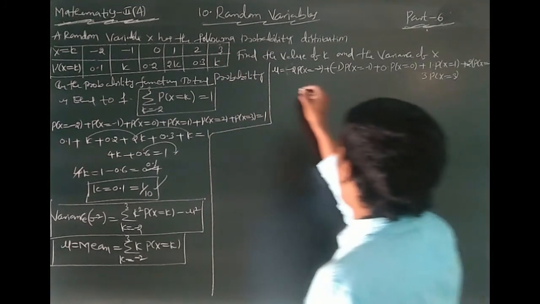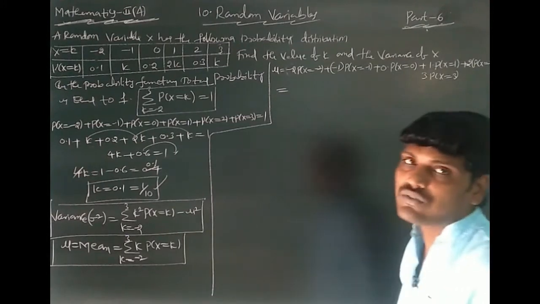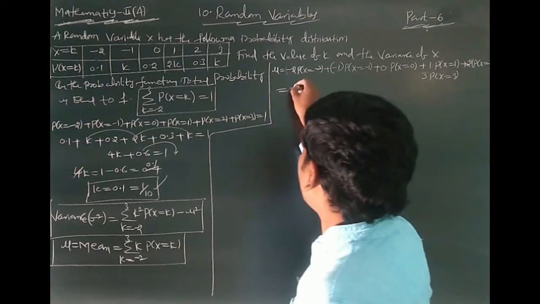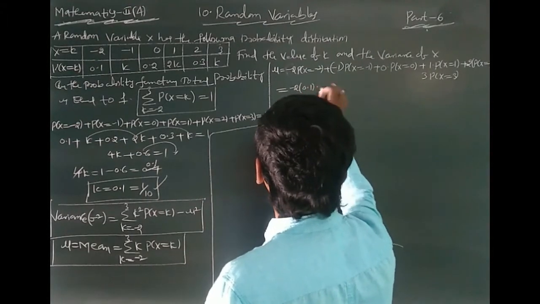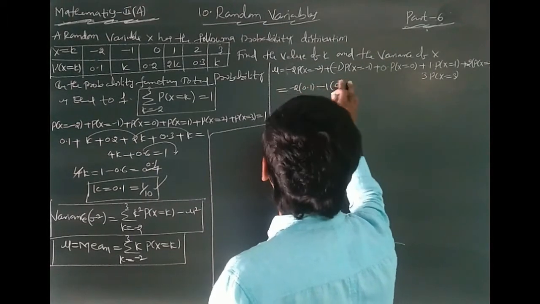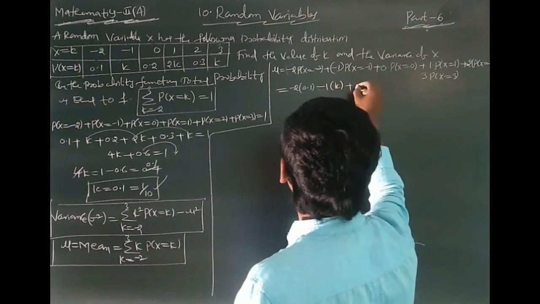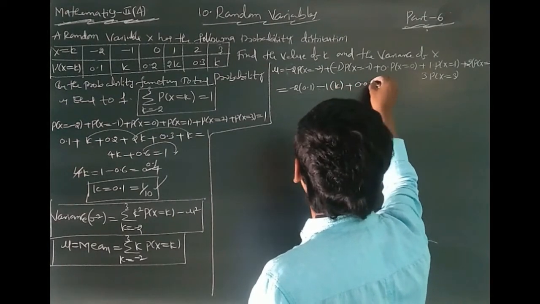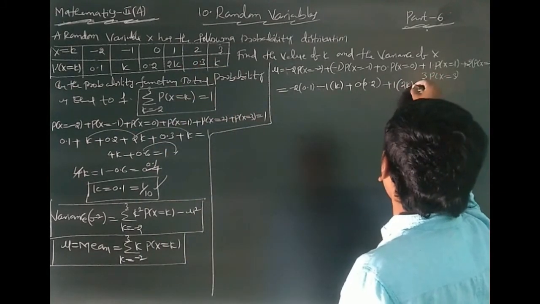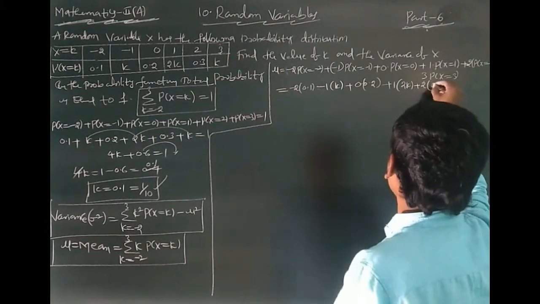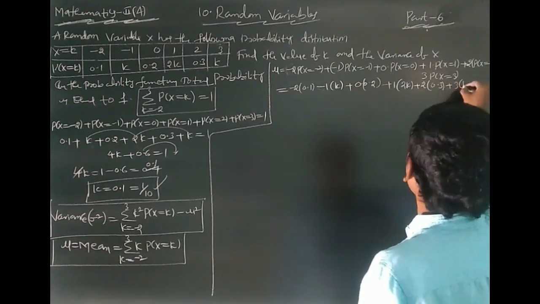This is the explanation of mean. After that, we can substitute all values. Minus 2 into 0.1, plus minus 1 into k, 0 into 0.2, plus 1 into 2k, plus 2 into 0.3, plus 3 into k.